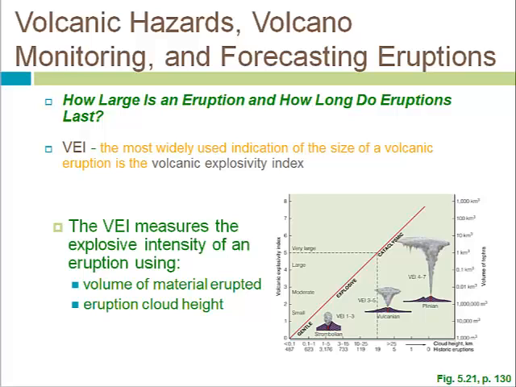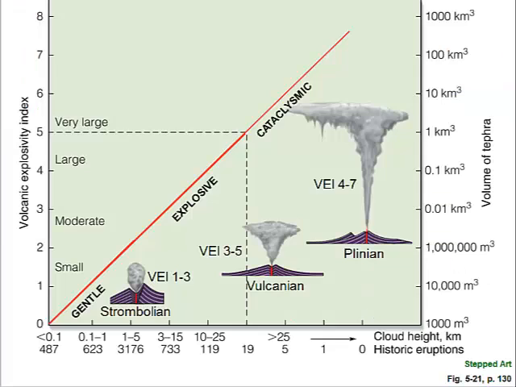And if you look at the names underneath each one of these, and I'm going to go to the next slide, these are all periods of geological history. The Strombolian, which we didn't see a lot of activity, these are volcanic explosivity indexes of 1 to 3. They're small eruptions. Think of Mount St. Helens.